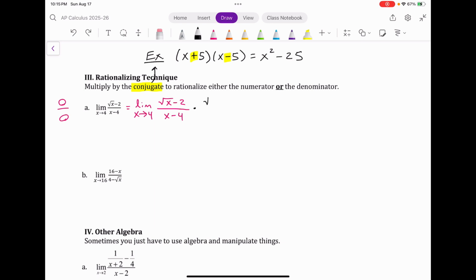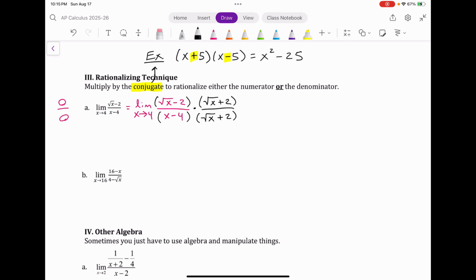So the conjugate of root x minus 2 would be root x plus 2. And if we multiply the top by that, we have to multiply the bottom as well to not change anything about the function. We're just trying to modify its form.